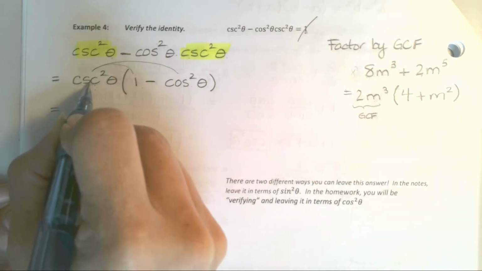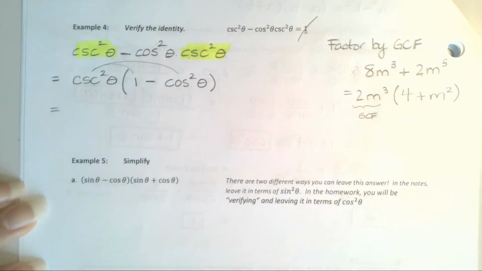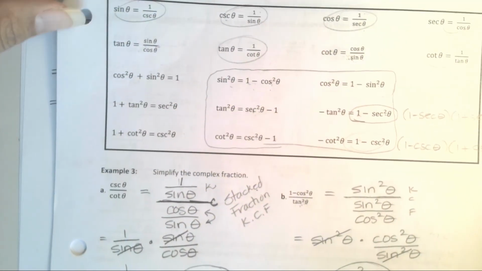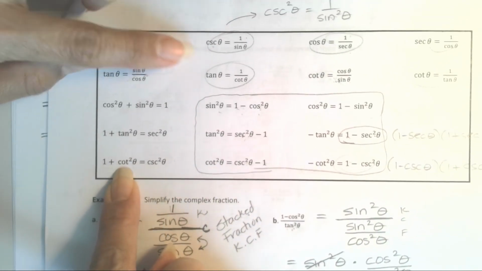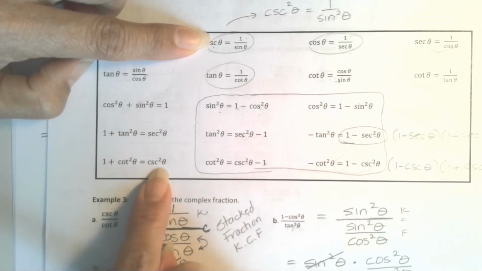What is cosecant squared in our table going to be? So you have two answers. You guys can use cosecant squared as 1 plus cotangent squared, or cosecant is 1 over sine.